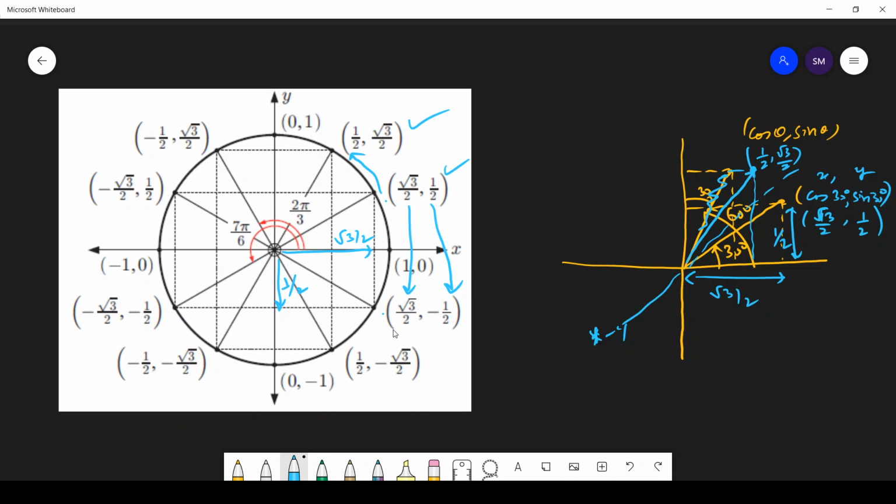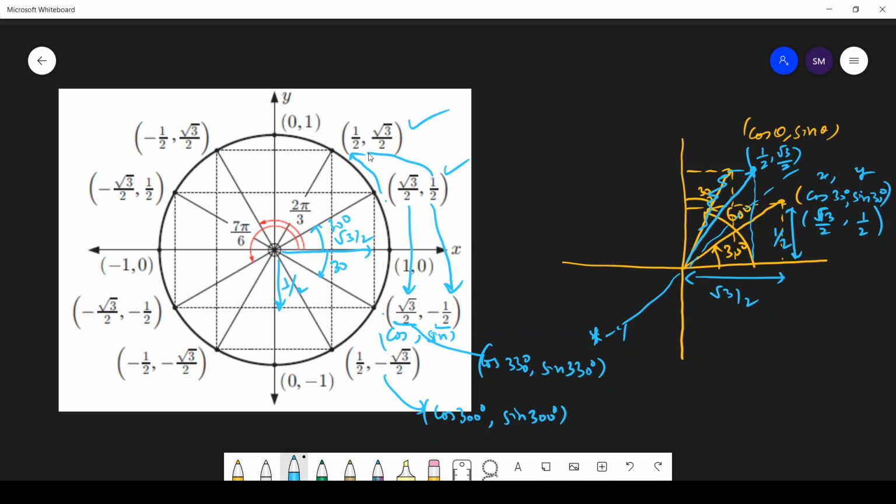So this is cos, this is sine. This 30 degree is this side, this 30 degree is this side. So this angle will be cos 330 degree and sin 330 degree, and these values will be cos 300 degree and sin 300 degree. Right, students?